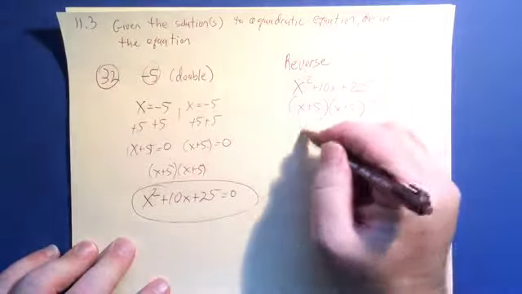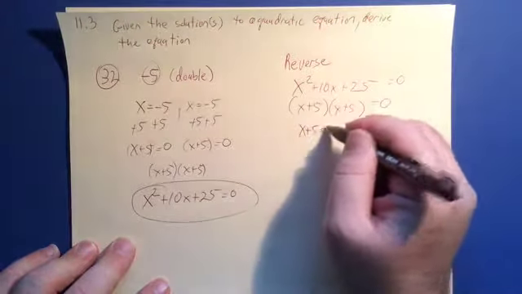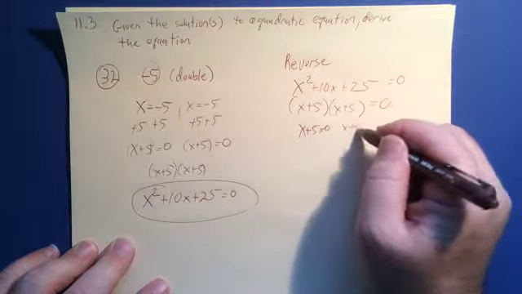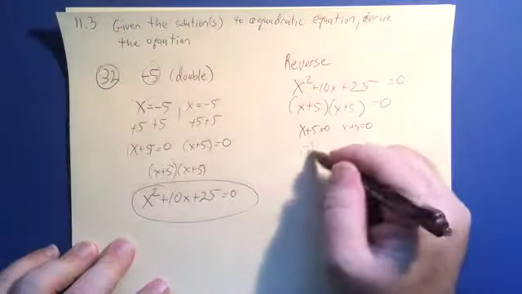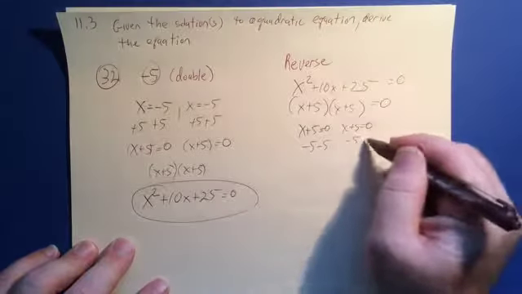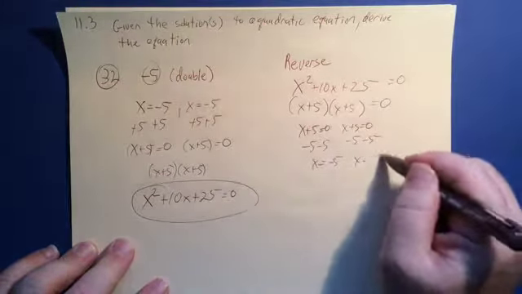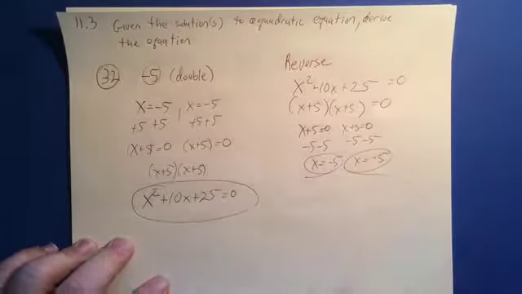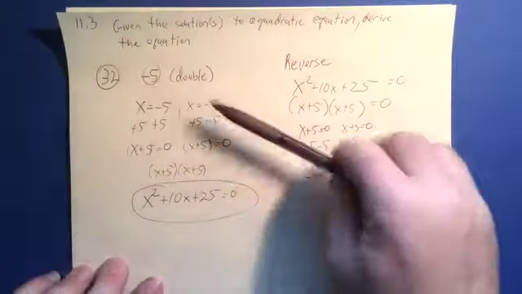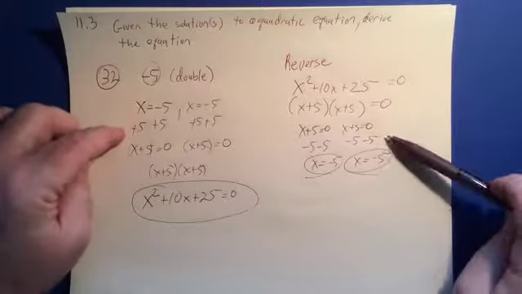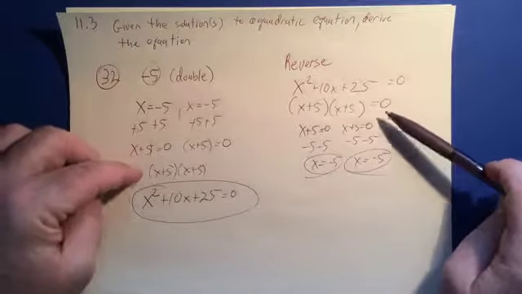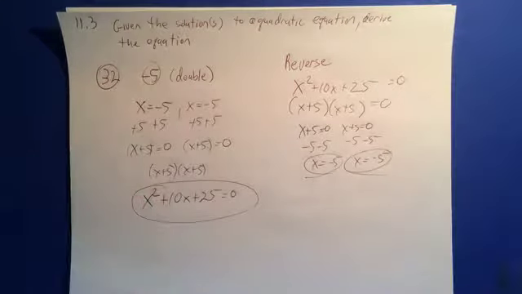I would take each of these and set them equal to 0, and then subtract 5 from both sides to get x equals negative 5. So essentially, what I am doing in this process is doing the steps in the opposite direction.